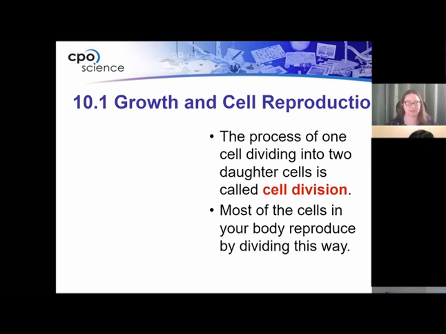So that would be our skin cells, the cells that make up our eyes, our lips, our tongue, our organs inside of us, so our lungs, our heart, our liver, our kidneys, our bladder, any part of your body that you can think of. Cell division is what keeps it from just dying and being destroyed. Our bones grow because of cell division. So most of the cells in your body reproduce by dividing this way, where they make two exact perfect copies of itself.